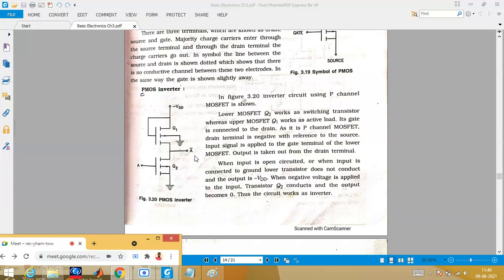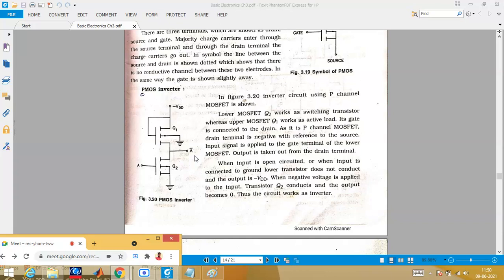I'll give you 1 minute, just see the diagram. I hope you have seen the diagram.